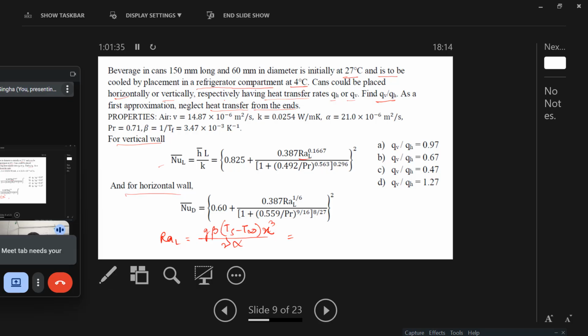So for horizontal and vertical, the only thing which will change is this x. So we first calculate this part and keep. g is 9.8 into beta, again they have given the value of beta, 3.47 into 10 to the power minus 3, into Ts minus T infinite.